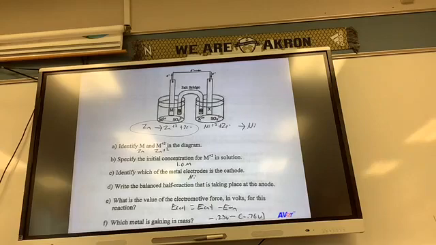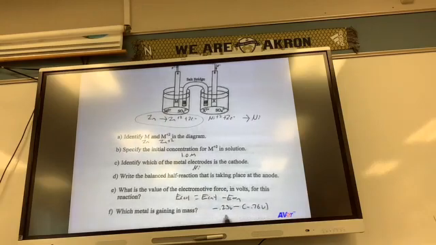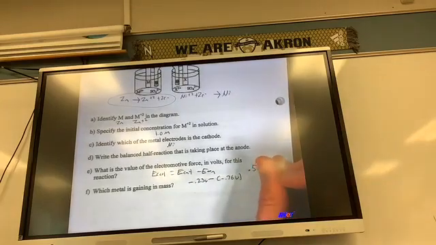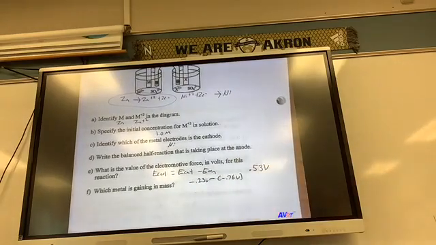I could have sworn the more positive reduction potential made it more likely to be reduced. Correct. Which is why it's the cathode. You're agreeing with me. Yes, I agree. Okay. Negative 0.23 plus 0.76 is what? 0.99. No, wait, it's minus. 0.53. 0.53 volts.